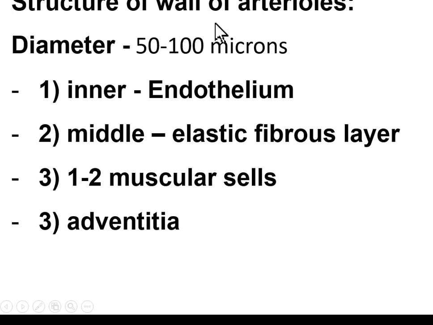Structure of the wall of the arterioles. The diameter of the arterioles is from 50 to 100 microns. Structure of the wall: inner layer endothelium, middle elastic fibrous layer, then 1 to 4 rows of muscular cells, and adventitia.